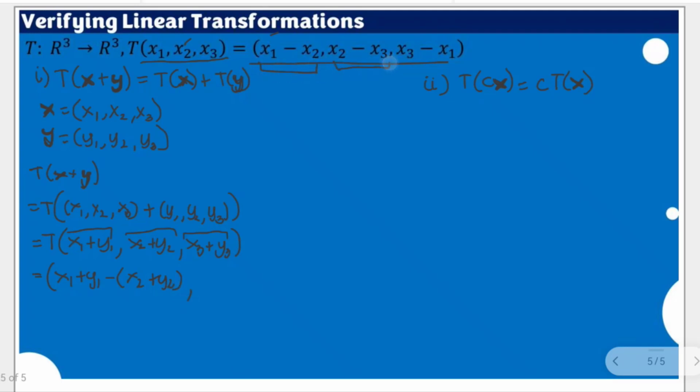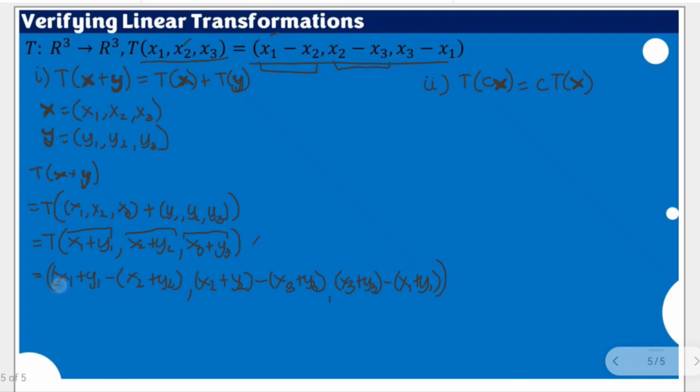For the second, you will have your second entry or component minus the third. Again, use parentheses if possible, especially when preceded by a minus sign. And then you will have the third minus the first. So this is now the transformation using these sums.